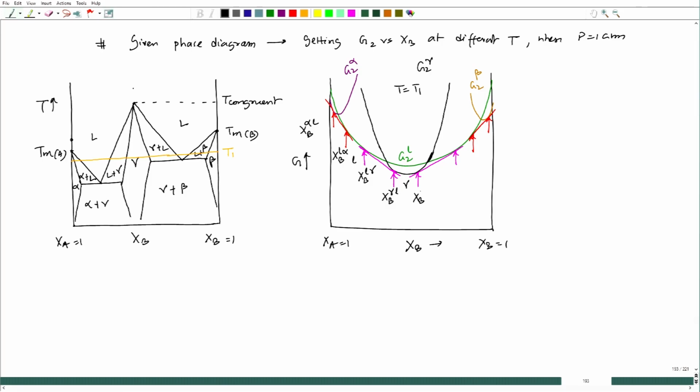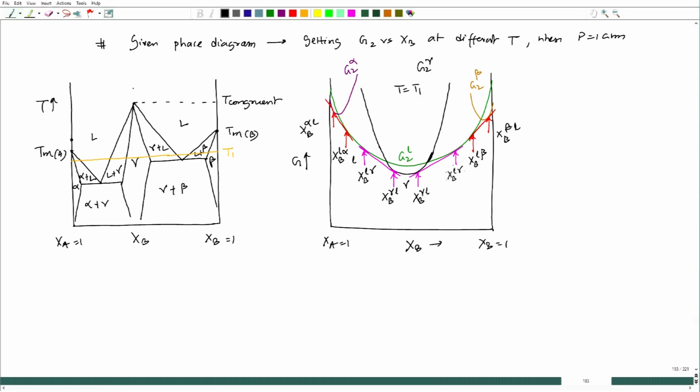Then X_B gamma in equilibrium with liquid on the B rich side, and here also X_B of liquid in equilibrium with gamma. This is X_B gamma liquid in equilibrium with beta, and this composition is X_B beta in equilibrium with liquid.